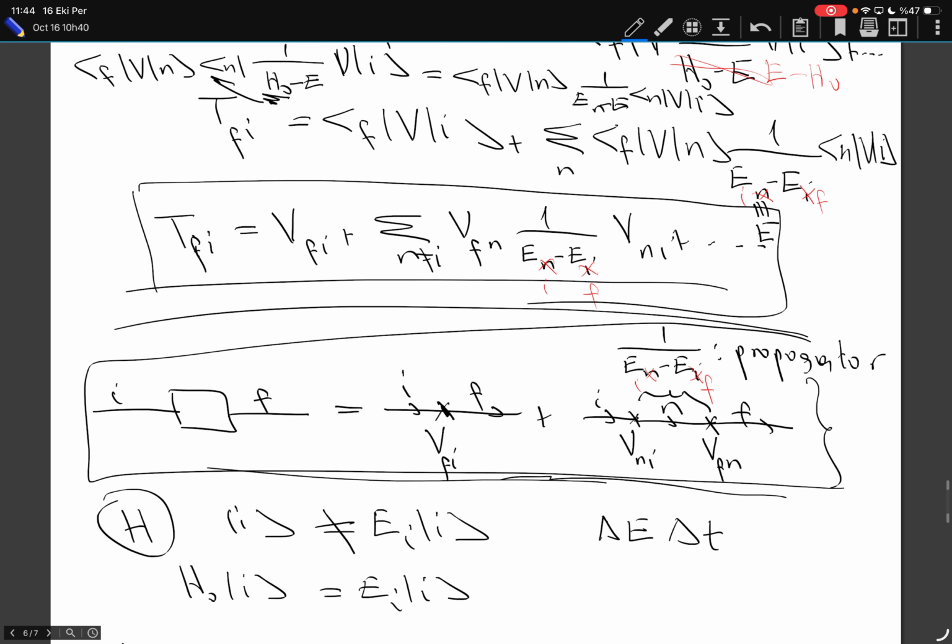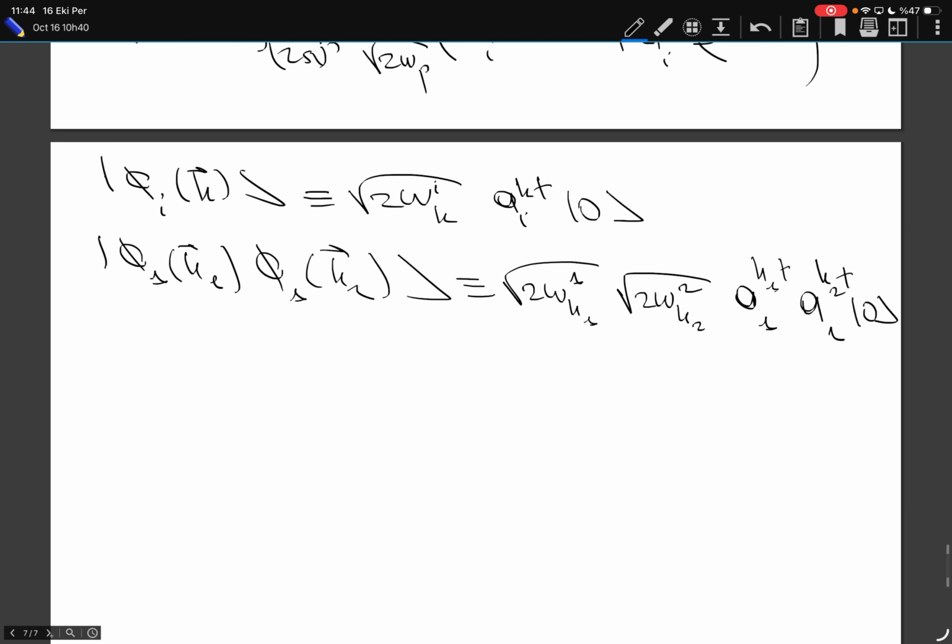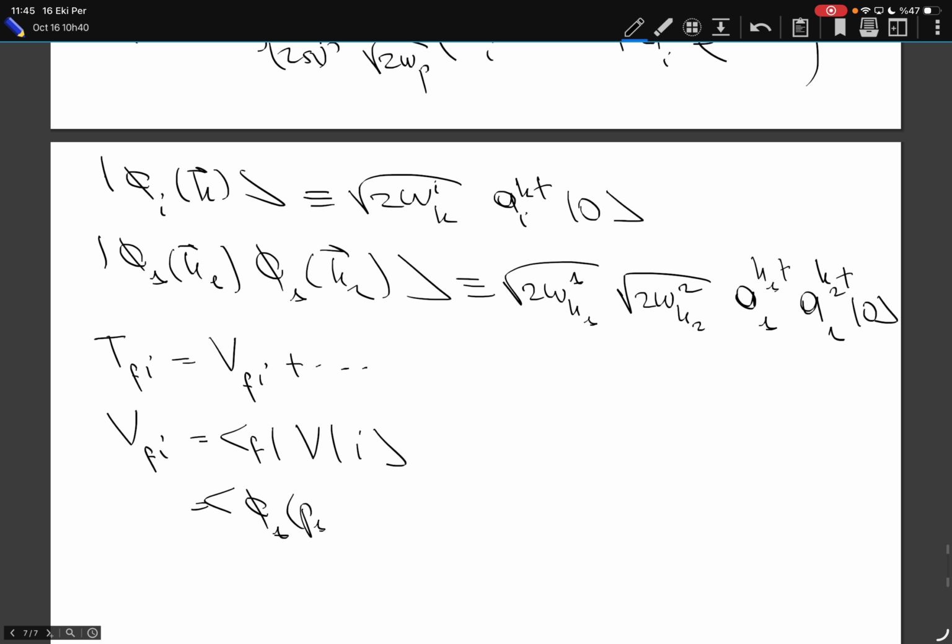Well, let's start with the first term. Now this V_FI will be the final state V, the initial state, which will be phi 1 P1, phi 2 P2.